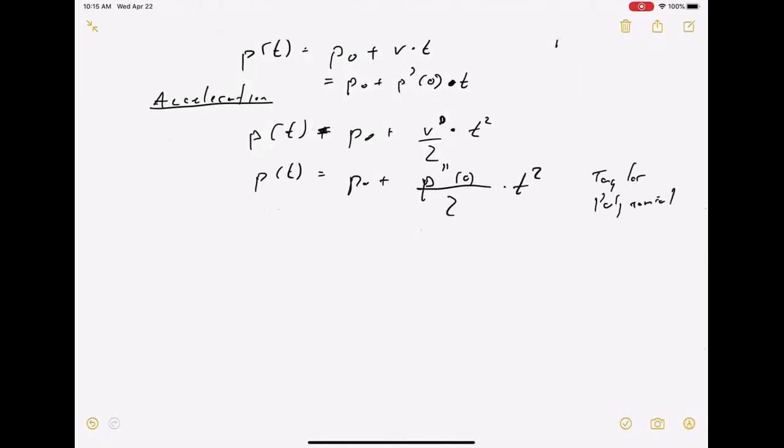What if we had jerk, which is the derivative of acceleration?